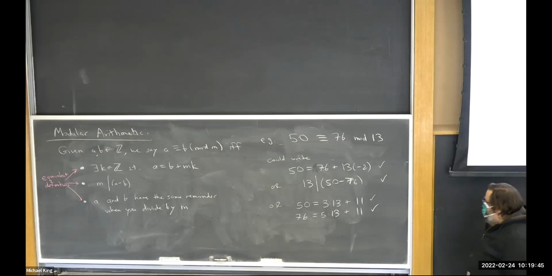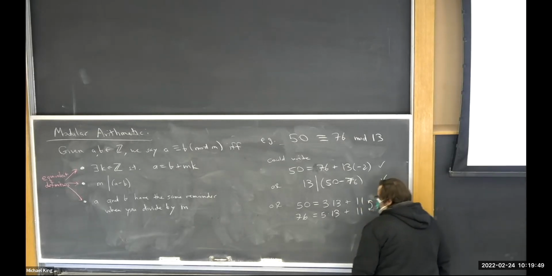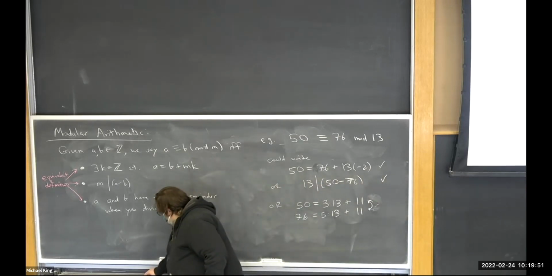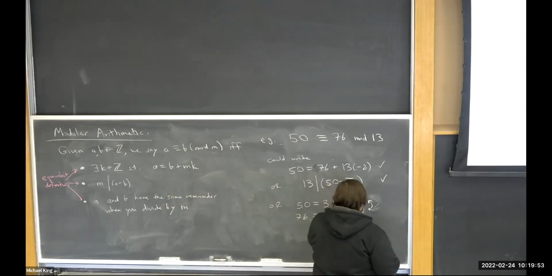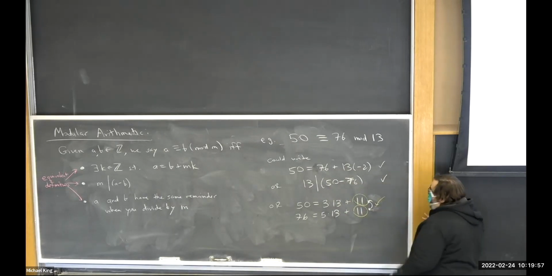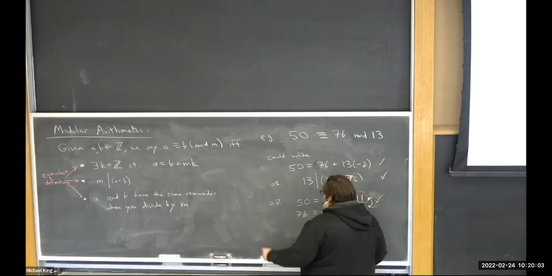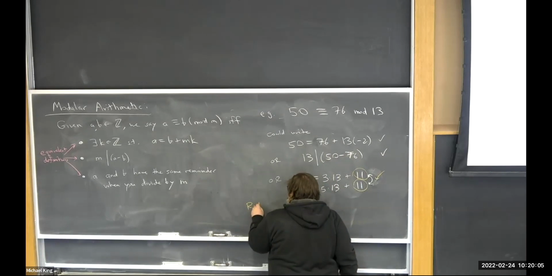And if you reduce either of these, the point is that that's the same remainder. I talked about reducing mod 13. So if we reduce mod 13, they're both equivalent to 11.